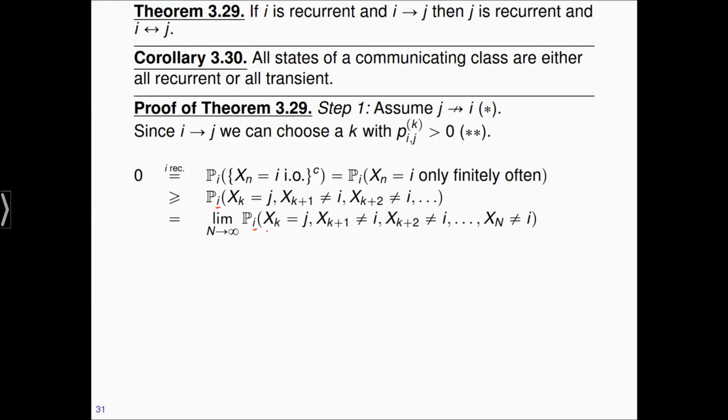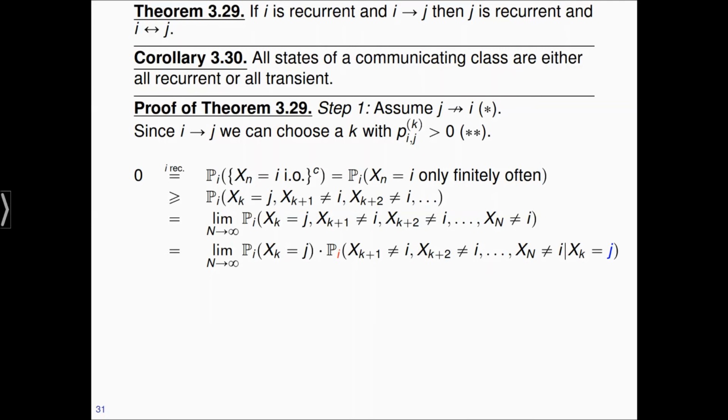These sets, if I call these sets A_N, are decreasing in N, so the limit of the probability of decreasing sets is the probability of the intersection, and the intersection of all the A_N is the event that is in here. So this is by continuity from above of the probability measure.